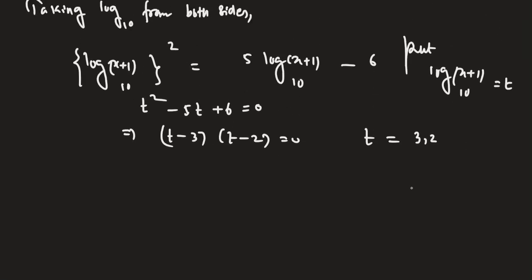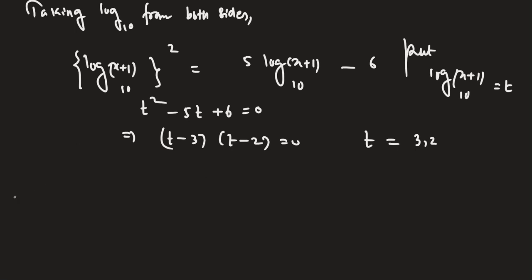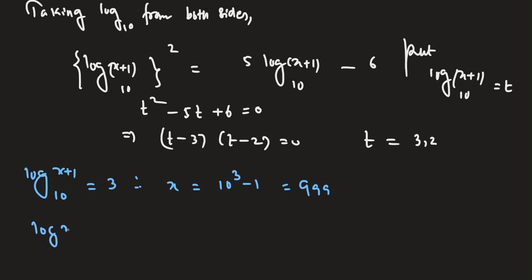So when log x plus 1 base 10 is equal to 3, so we have x is equal to 10 power 3 minus 1, so 999. When log of x plus 1 base 10 is equal to 2, then we have x is equal to 10 power 2 minus 1, that means 99. So these two are the answer.